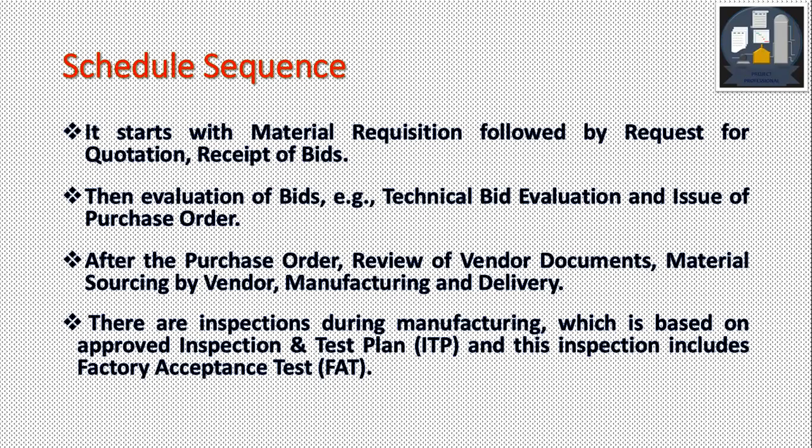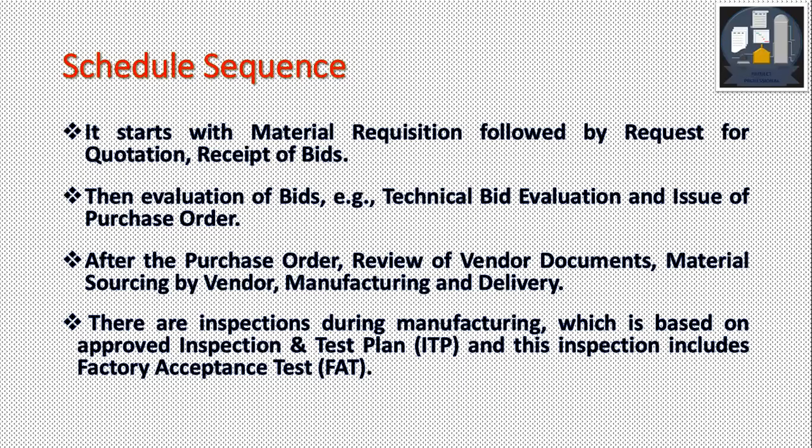And once it is done, the next step is the issuance of the purchase order, PO. After the purchase order is placed, the vendor submits documents which are reviewed, commented, and approved. Then based on those documents, the vendor or the manufacturer sources the component material.